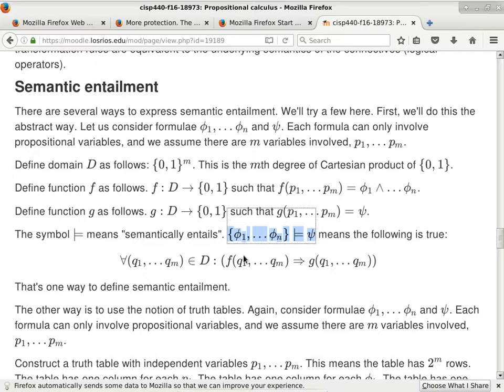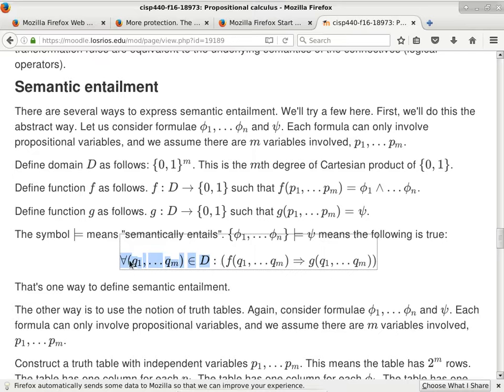It basically means for all elements in D, because each element in D is an M tuple, because we have M 0 1s, it's the Cartesian product of the 0 1s, M times. So each element is an M tuple, with a combination of 0s and 1s, M of them. So what do we do with that element?